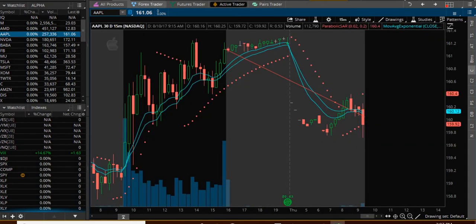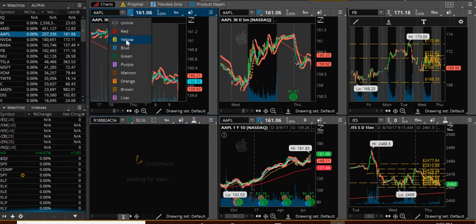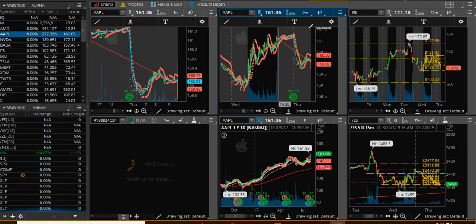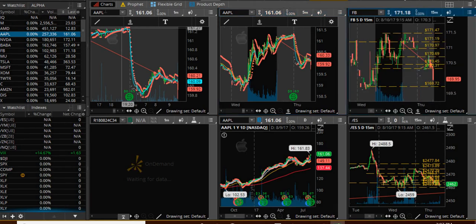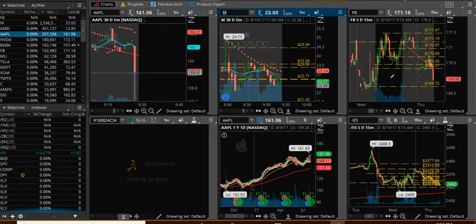All right, so from there we can chart. Let's unlink this, unlink. Facebook's already there. Apple, Macy's. So let's see what happens.